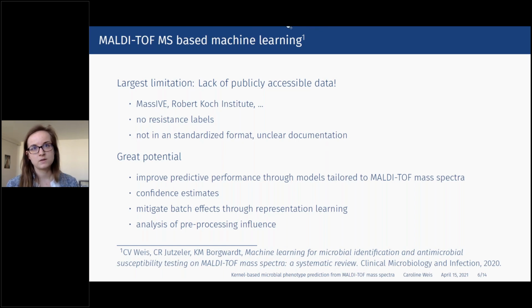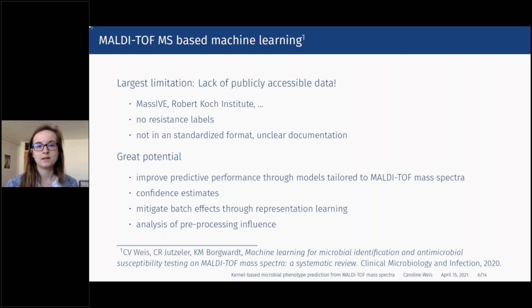Representation learning is also its own field in machine learning, and that's been used to mitigate batch effects in biological data sets, which again is very applicable to MALDI-TOF. So learning a representation of MALDI-TOF mass spectra that are independent from influences such as different instruments or growth media or slightly different lab protocols would be, I think, very useful. And the tools and methods are out there. They just haven't been applied yet, really.